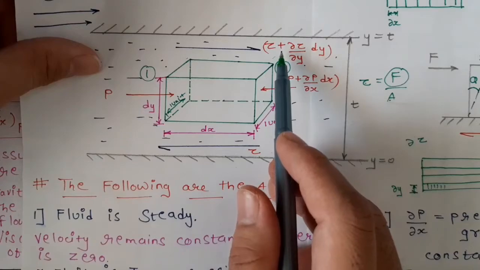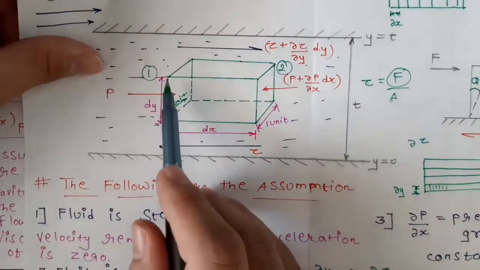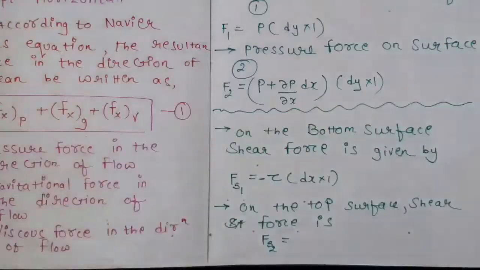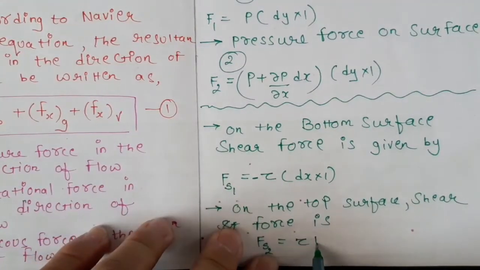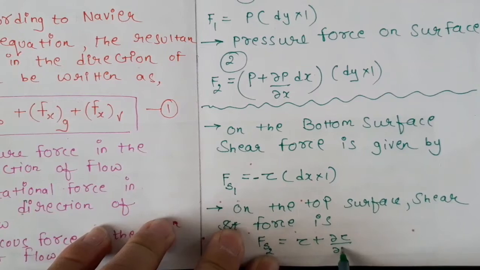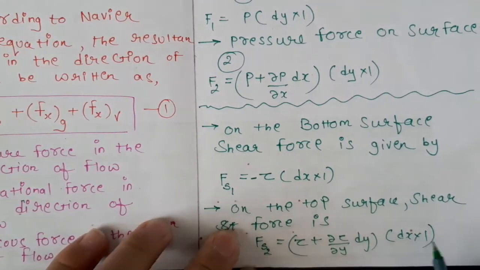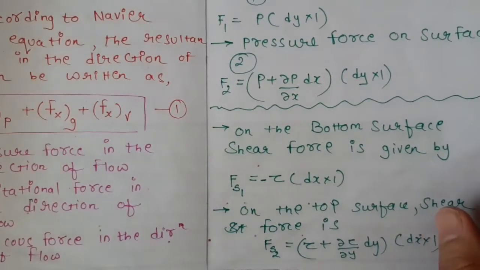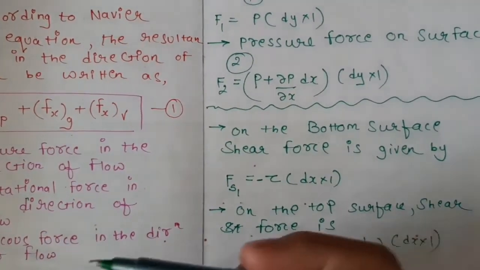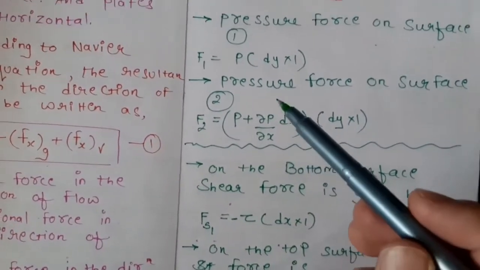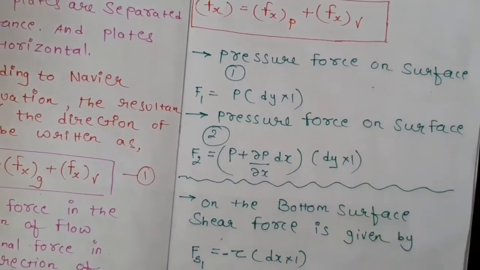This is the shear stress, and what will be the area? The length of the top surface is dx and its thickness is 1 unit, so dx into 1. So Fs1 is the shear force acting in the negative x direction, and Fs2 is the shear force acting in the positive x direction. So we now have the pressure force and the shear force.